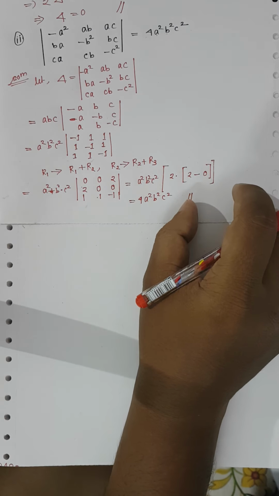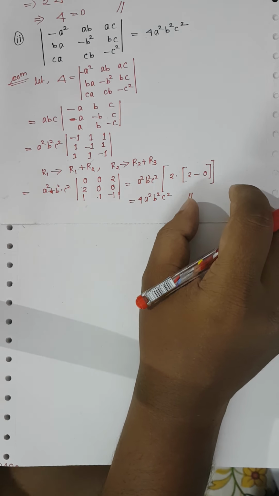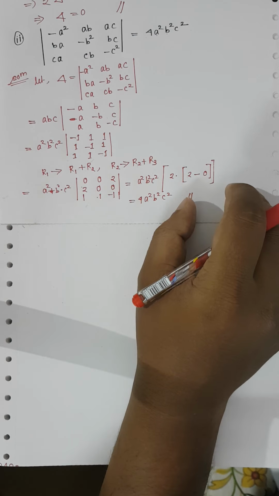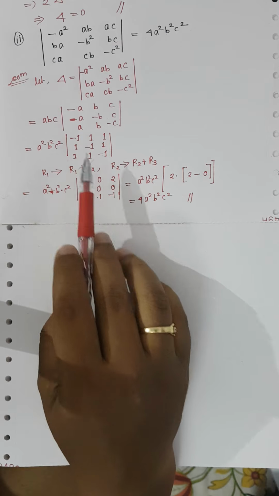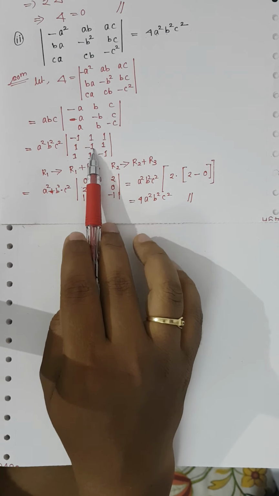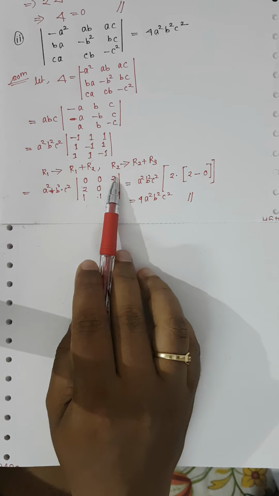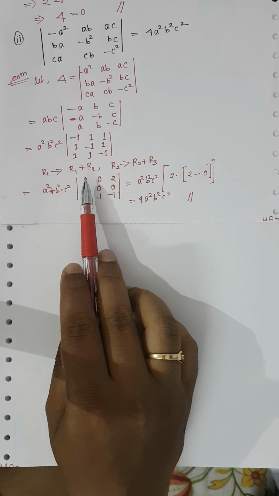Keep in mind, when I expand a determinant along row 1, row 2 or row 3, the elements of that row should contain more zeros. Here I added minus 1 plus 1 and got 0, again 1 minus 1 is 0, so I am getting 2 zeros. It is easier to expand, because if I multiply anything with 0, the value will always be 0.